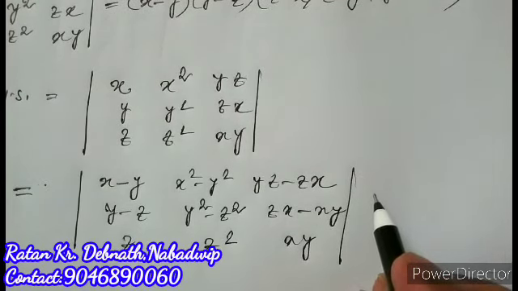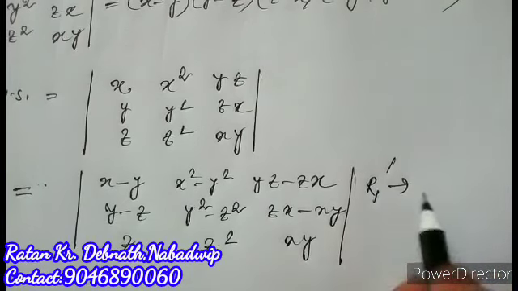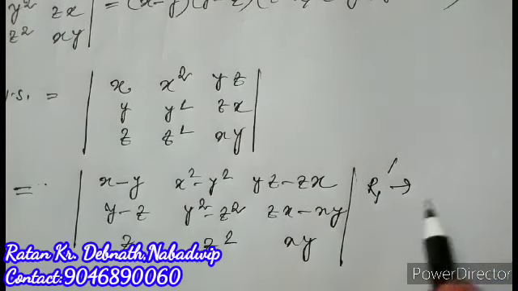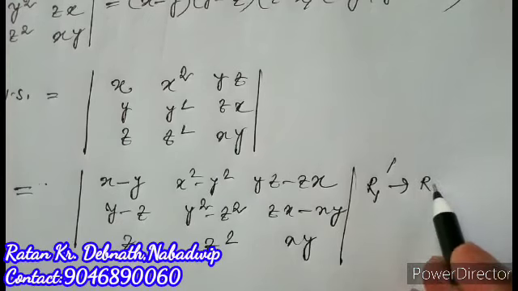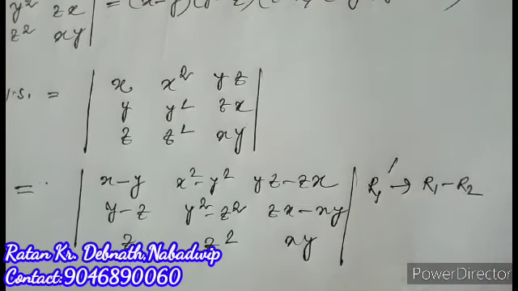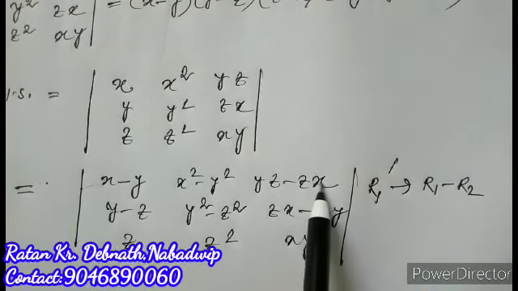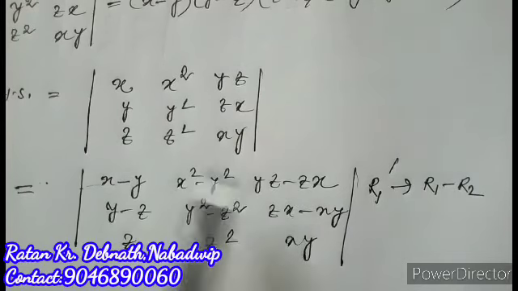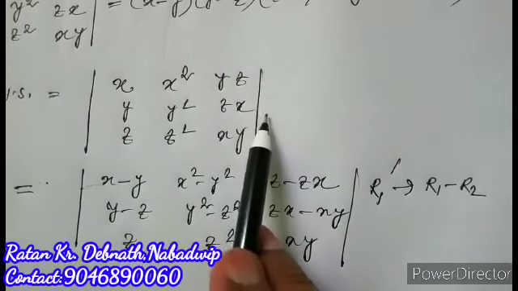So what I have done here, R1 prime, that is new R1 equals R1 minus R2. New R1 means this one, and R1 means this one, R2 means this one.